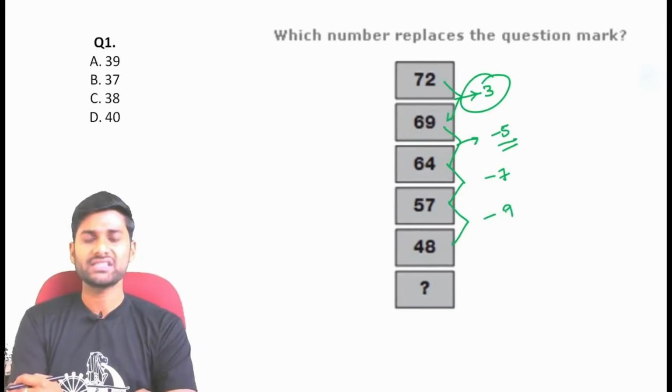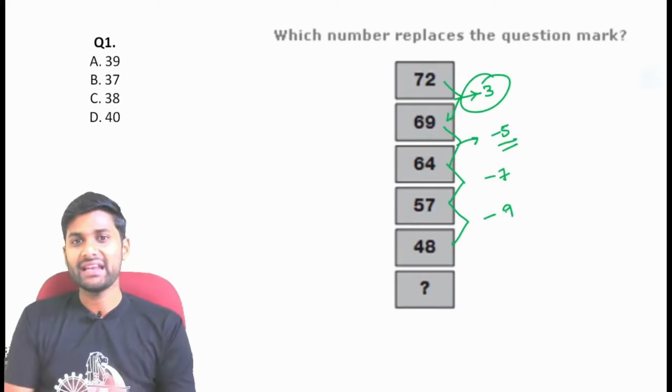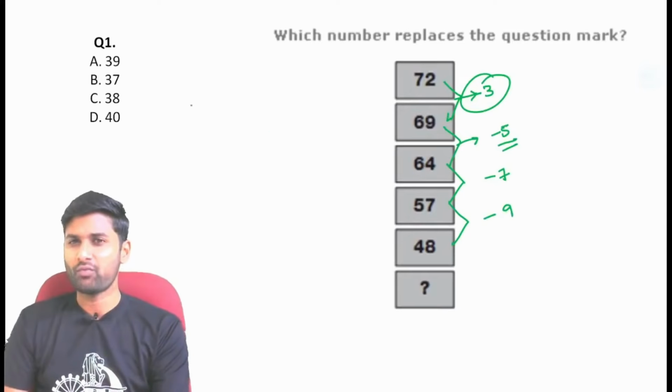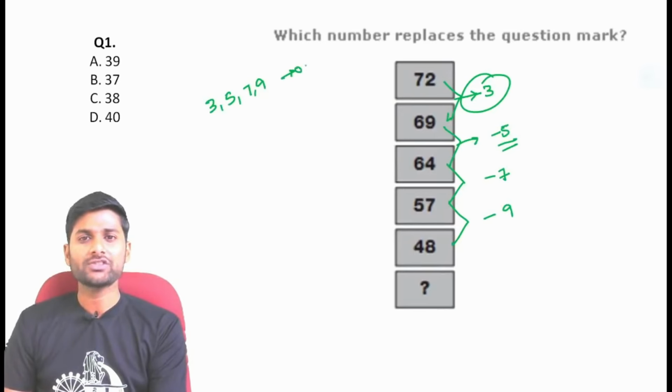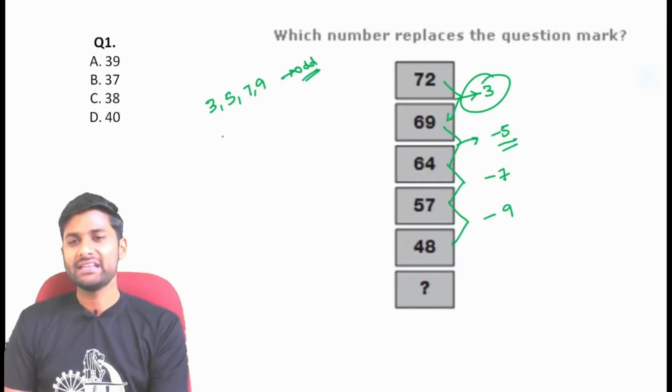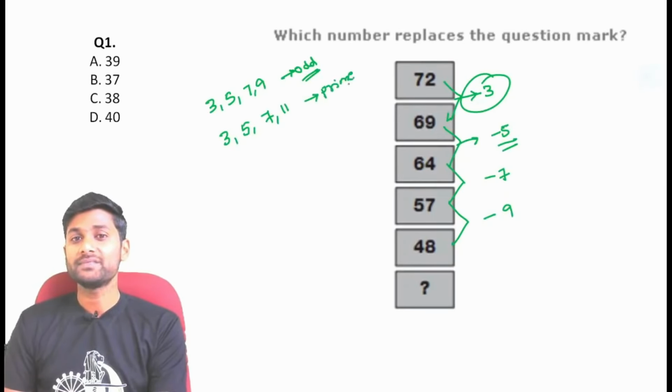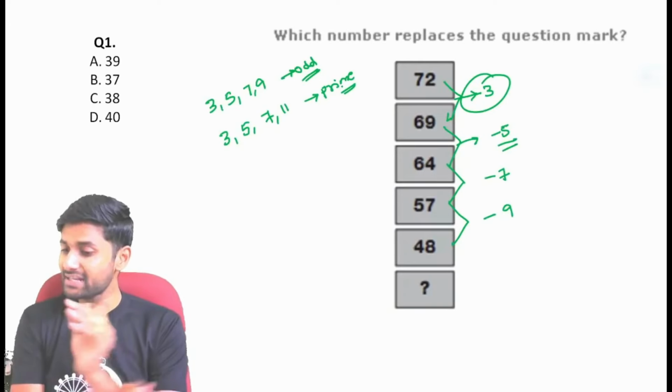Then what is the observation? See, 3, 5, 7, 9 are odd numbers. Again, I'm telling you one more important part. If the series is represented as 3, 5, 7, 9, they follow odd numbers. Remember, guys, sometimes they follow 3, 5, 7, 11, which are prime numbers. Just identifying the particular pattern is most important.